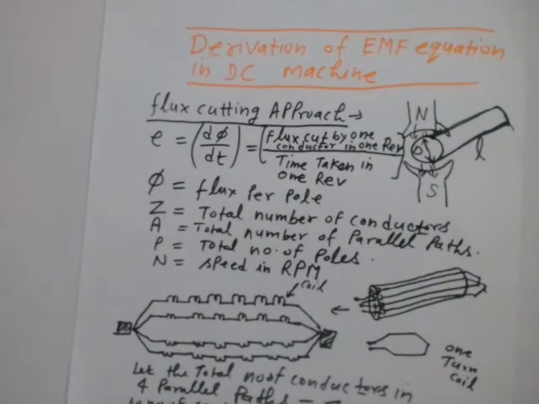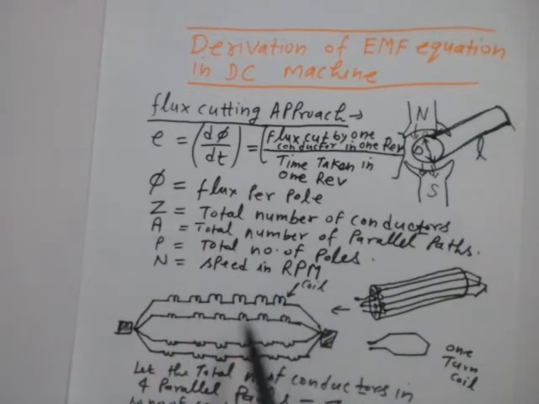Similarly, if I want to generalize this, if there are a total of A number of parallel paths, and if Z number of conductors are arranged in A number of parallel paths, then the number of conductors per parallel path will be, tell me, how much? Number of conductors per parallel path.